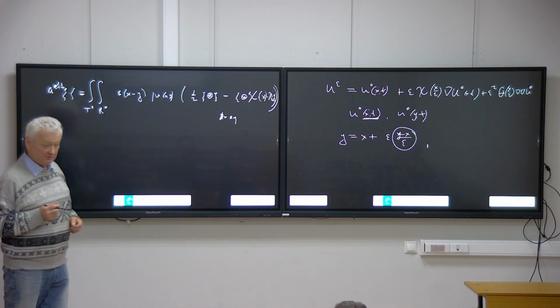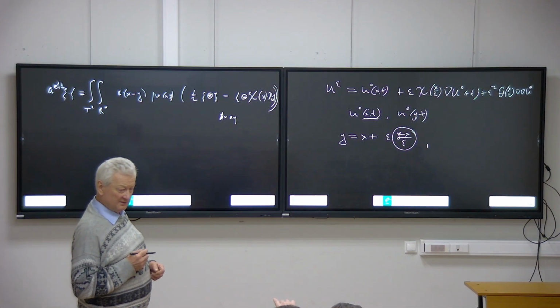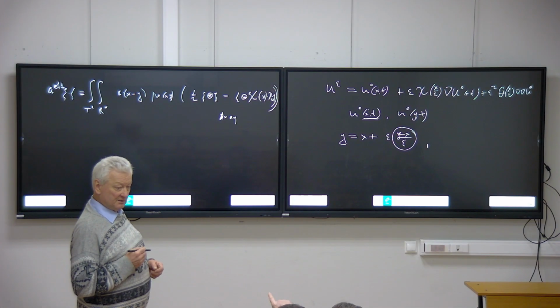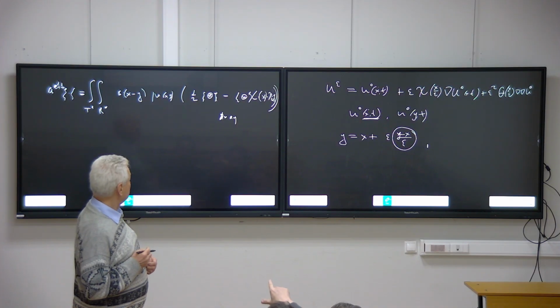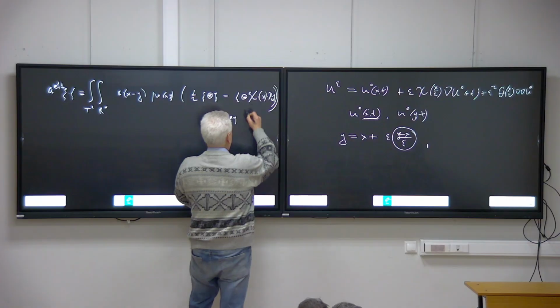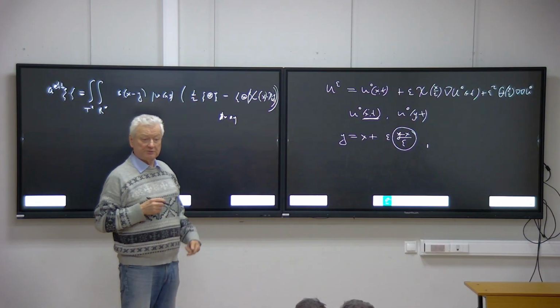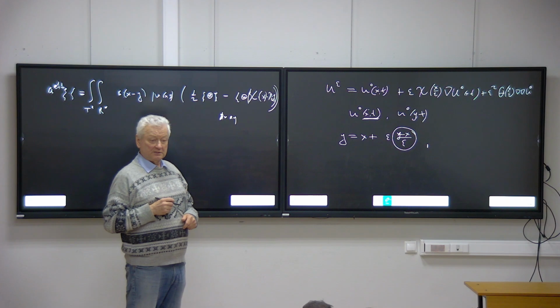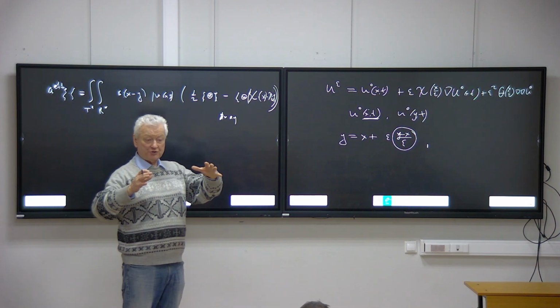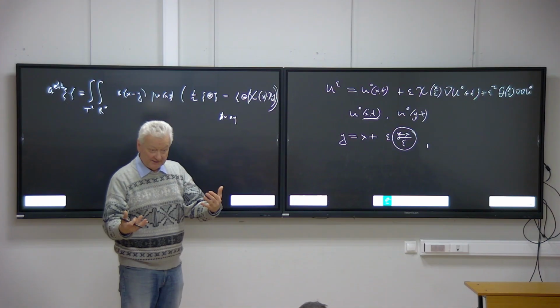And the only information that I have about psi is the equation that you wrote previously. Not psi, chi. Yes, chi satisfies exactly the equation which was written previously. So we collect terms of order epsilon to the power minus 1, and we obtain this equation for chi.